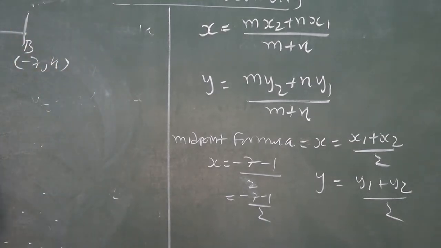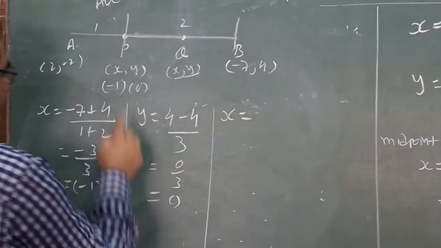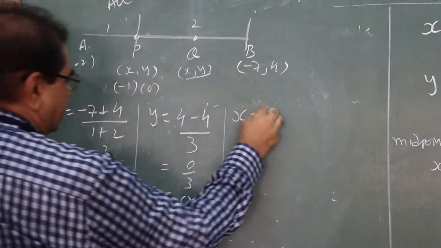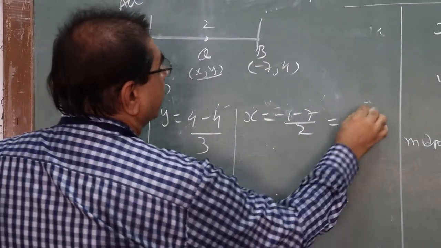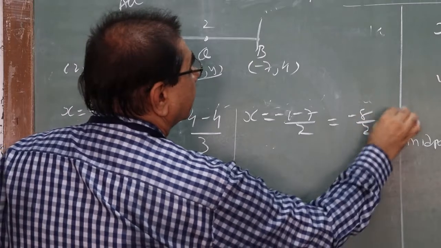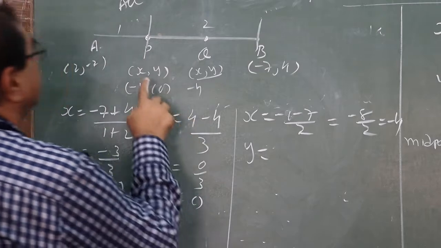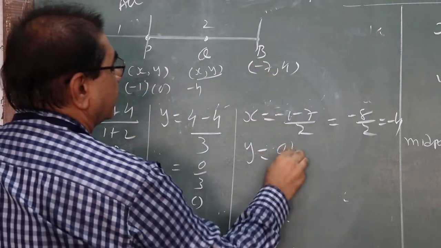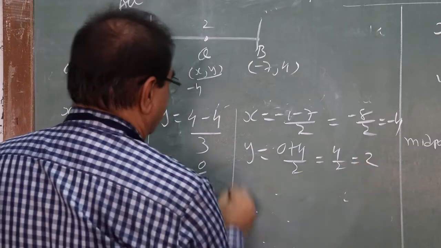Because m and n both are 1 because it is the midpoint. So here I go for the midpoint formula, and for Q I can find out x is equal to minus 1 minus 7 whole upon 2 is equal to minus 8 upon 2 is equal to minus 4. In the same way, y is equal to 0 plus 4 upon 2 is equal to 4 upon 2 is equal to 2.